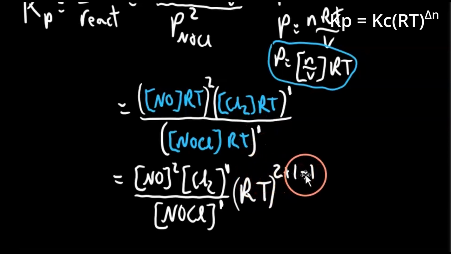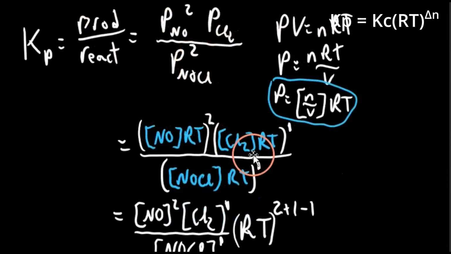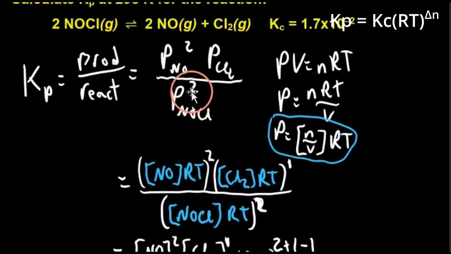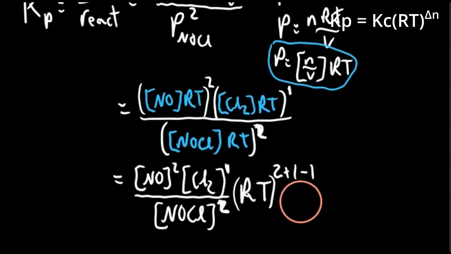And this 2 plus 1 minus 2 is the change in moles of our balanced chemical reaction. 2, here's our 2, plus 1, here's our 1, minus, oh wait, there should be a squared here. This should be squared, minus 2. This is squared, so this needs to be squared, and this needs to be to the 2 here. So this is to the change in moles here.